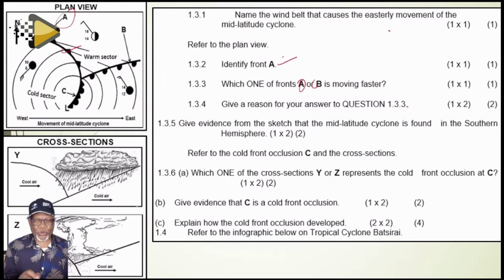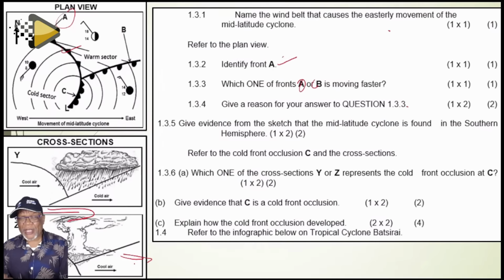So when you draw this cross section, you must also indicate the direction of the system. And if the examiner asks you to draw a cross section, you must label your cross section.